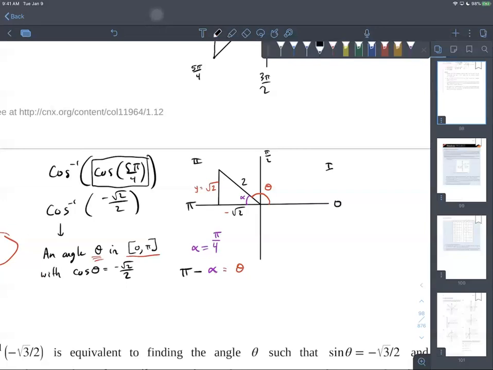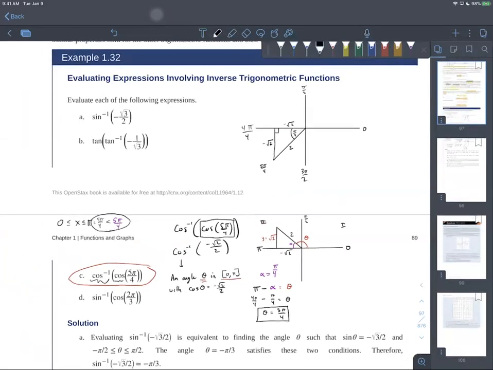If you go pi and take away alpha, which is pi over 4, then I'm going to write pi as 4 pi over 4. This is equal to theta, and so theta is equal to 3 pi over 4. Our answer there is 3 pi over 4, which notice is not 5 pi over 4. We could not have just crossed out cosine and cosine inverse and said the answer is 5 pi over 4, because the answer, in fact, is 3 pi over 4.